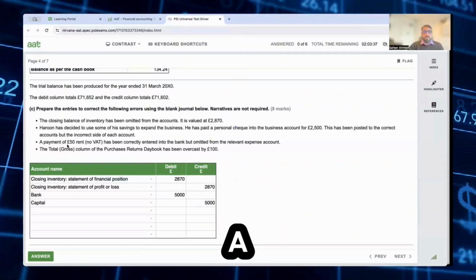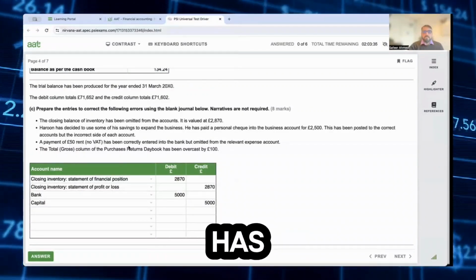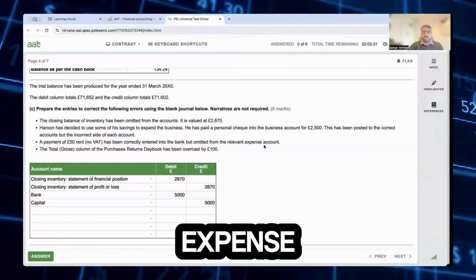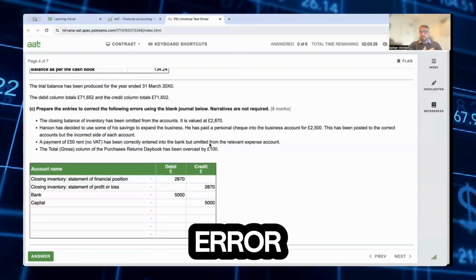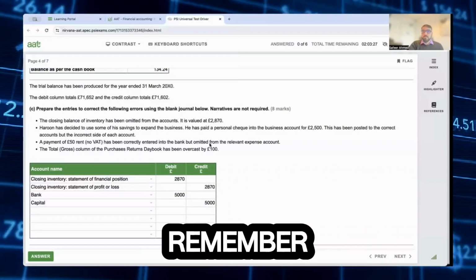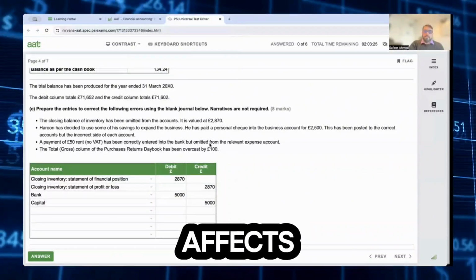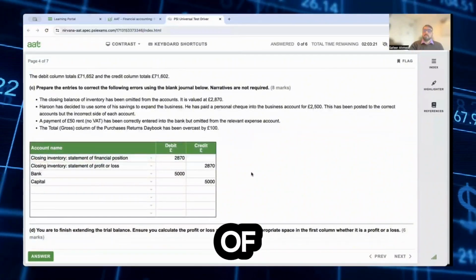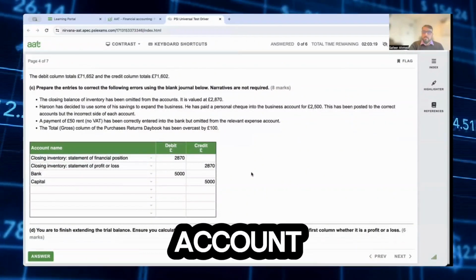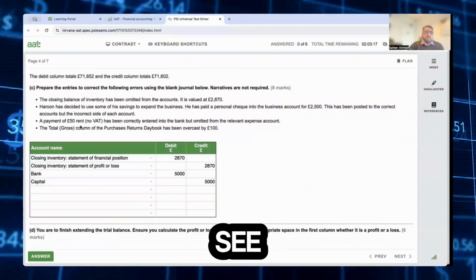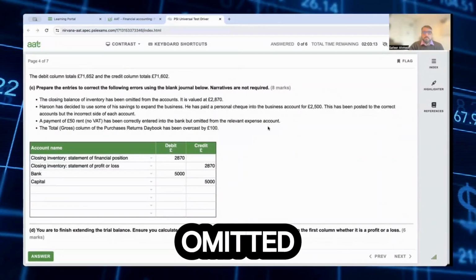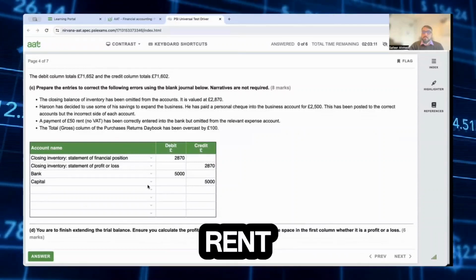Okay, a payment of 50 rent has been correctly entered into the bank but omitted from the relevant expense account. Now, this is the error that will affect your trial balance, remember. So if an error affects your trial balance, the other side of the correction will be suspense account, okay? The relevant expense account is a rent account, of course.